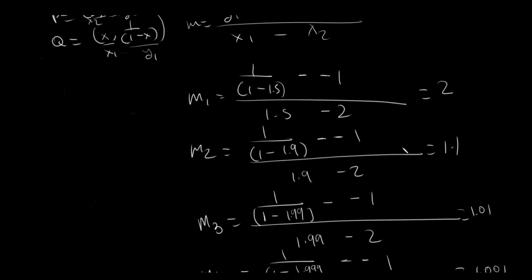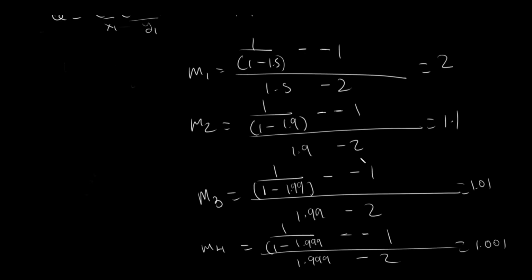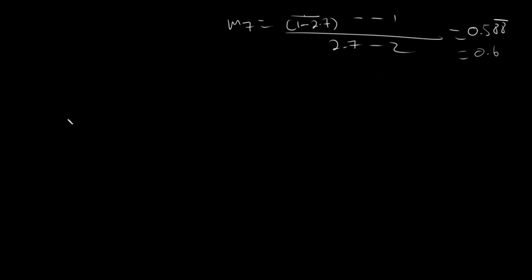So what have we got for all of those? Let's write it down. This is x, as my x approaches 2. We have chosen 1.5, 1.9, 1.99.